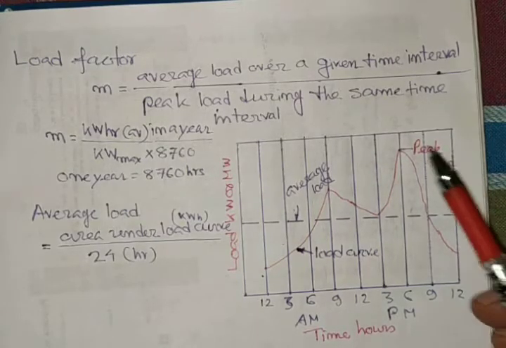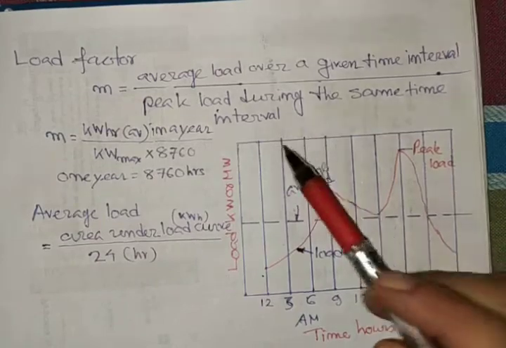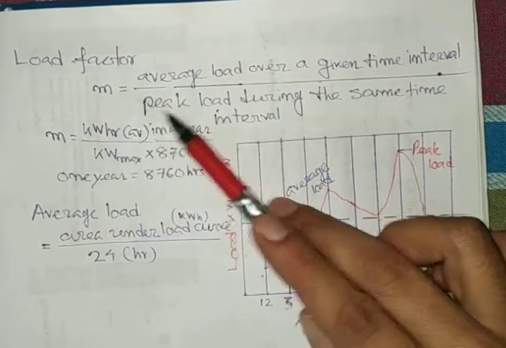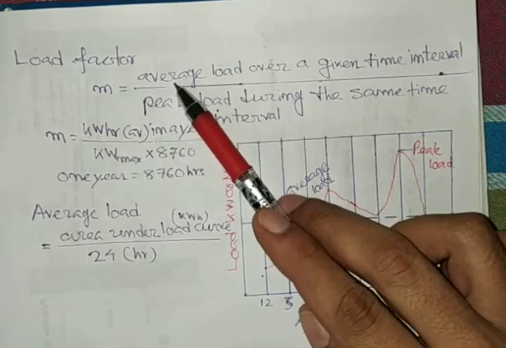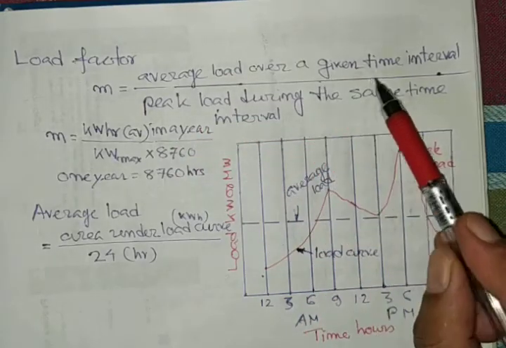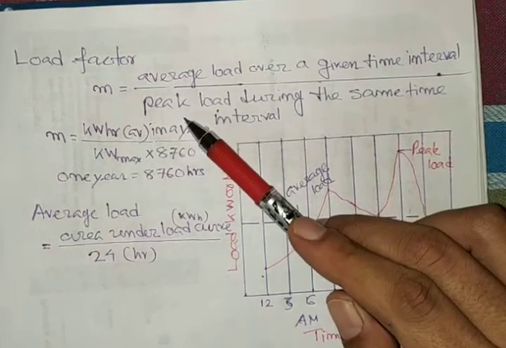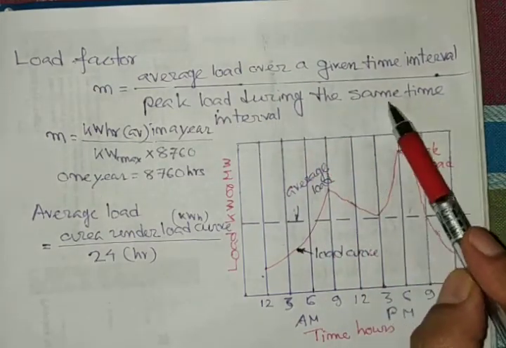This is one of the factors, called the load factor. It is denoted by M here, and it is the ratio of average load over a given time interval to the peak load during the same time interval.